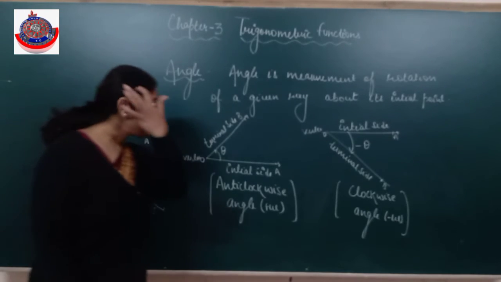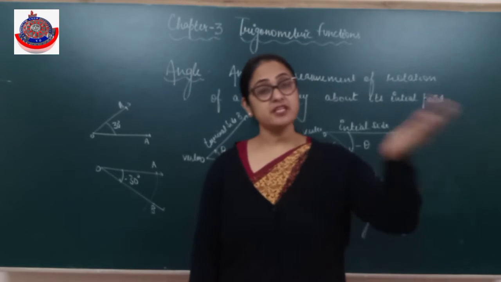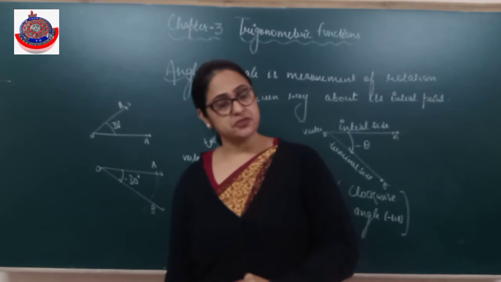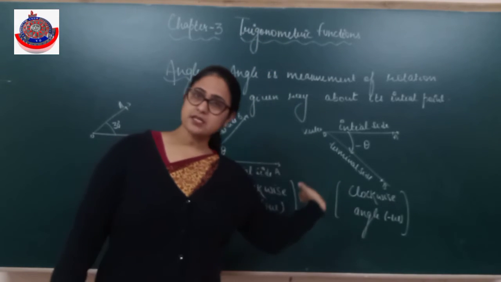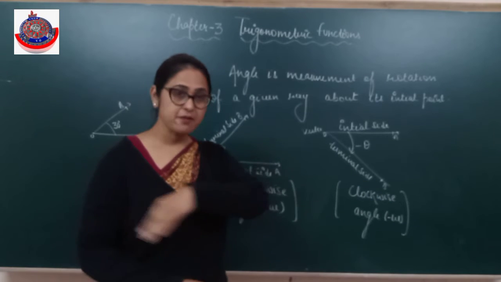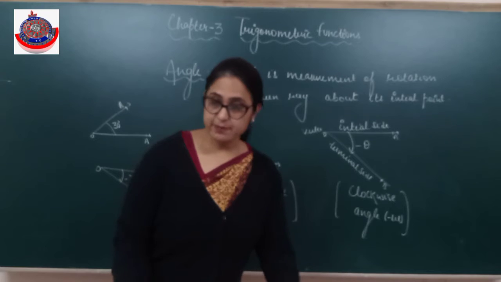Alright, clear children? Whenever the angles are measured anti-clockwise, they are positive, and whenever they are measured clockwise, they are negative. So you know the angle 90 degree, and 180, if it's a linear pair, means it's a straight line this way. Alright, so this much we know.